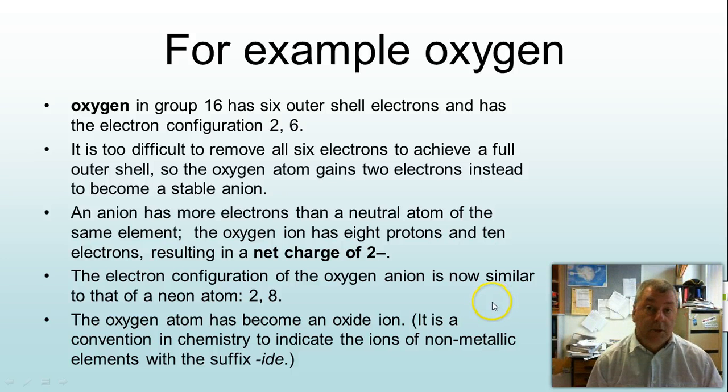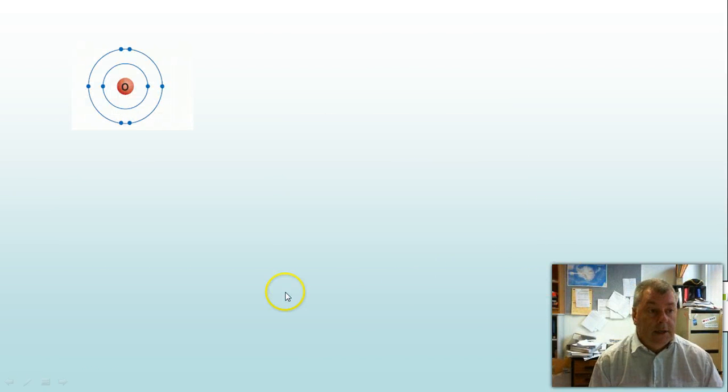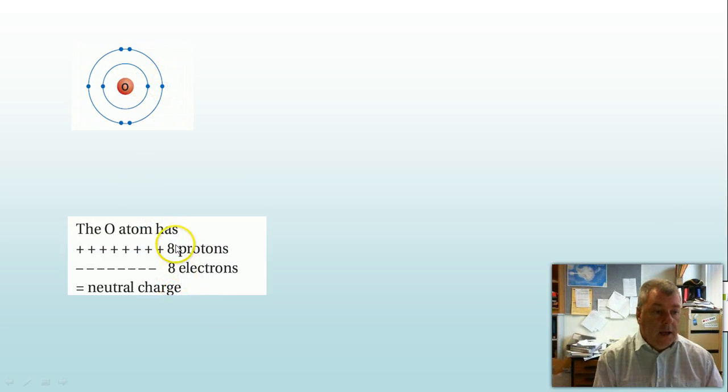Unlike the metals, which we just called sodium ion or potassium ion, the non-metals usually have a specific name that we use. So here's our oxygen with its 2,6, and it's got 8 protons and 8 electrons, so it's neutral.